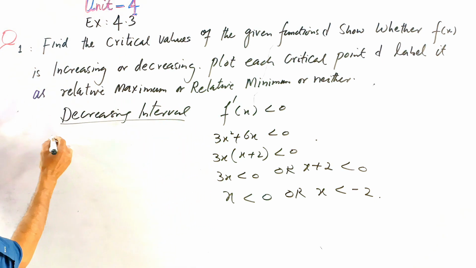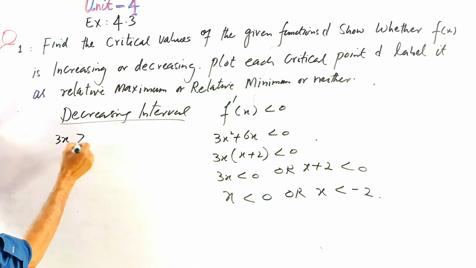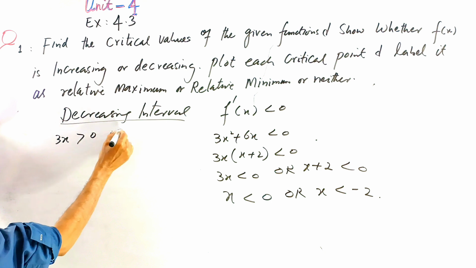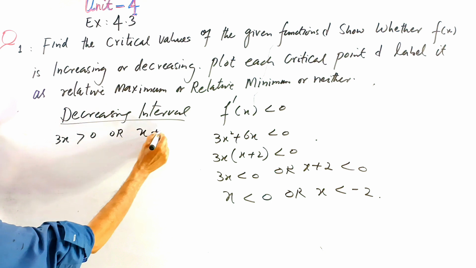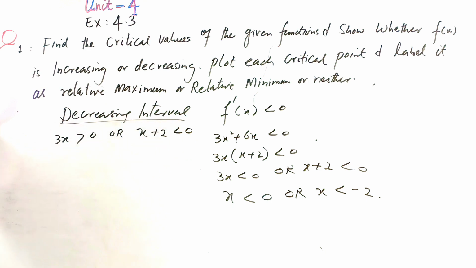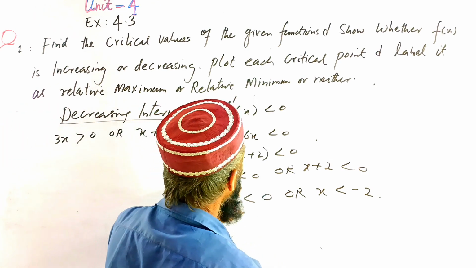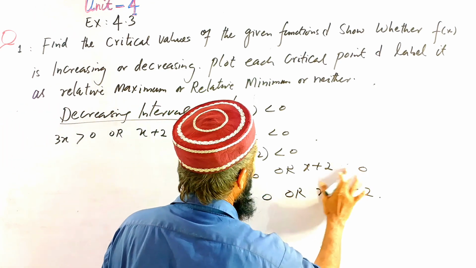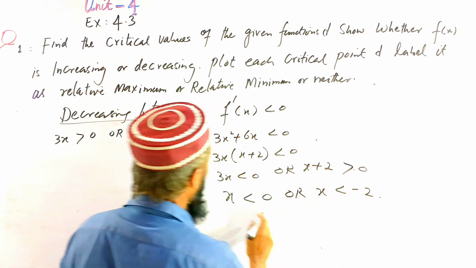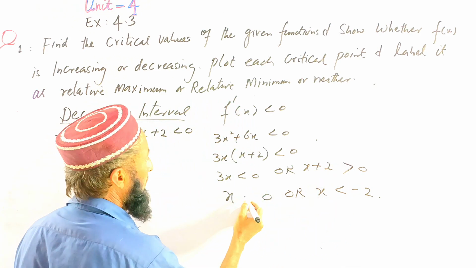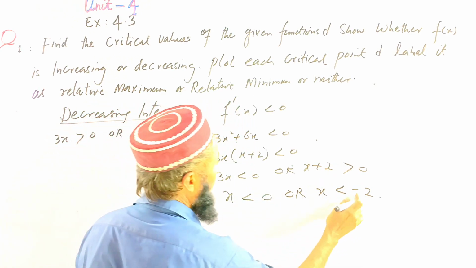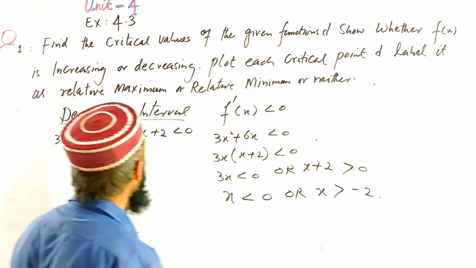So here 3x is greater than 0 and x plus 2 is less than 0. In this situation, we can also apply 3x is less than 0 and x plus 2 greater than 0, which is the opposite sign.